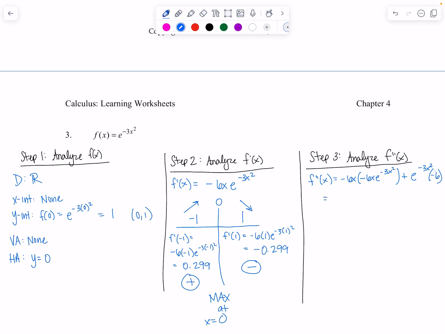So if we simplify that, we'll have 6e to the -3x squared times 6x squared minus 1. So we're factoring that out.